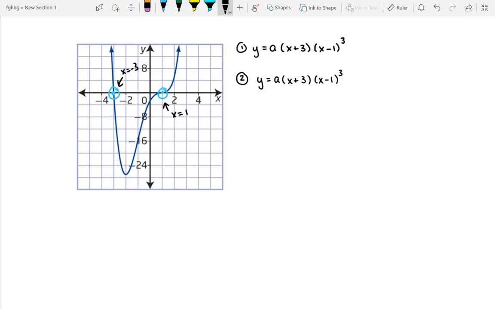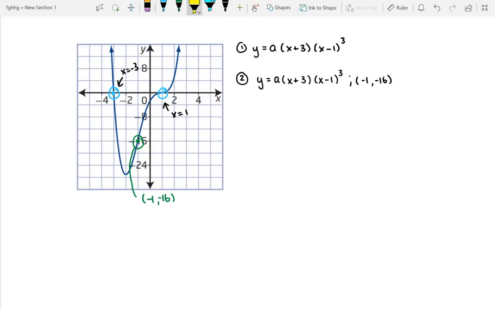In our case here, I think it might be worthwhile to use the following point. I'm just going to highlight it in green. That point for us is -1 and 16. All right, -1, oh, not 16, -16. So we're going to use that point to help us solve for my a value now.